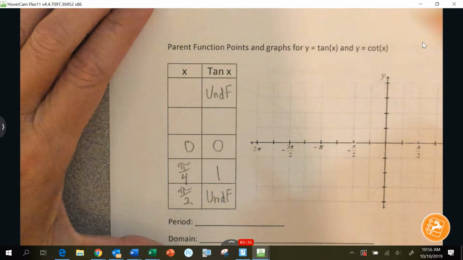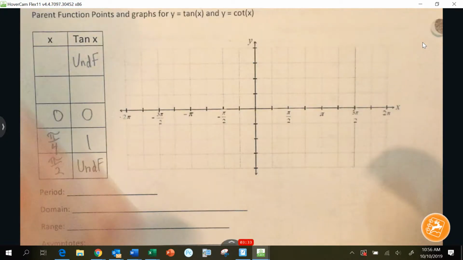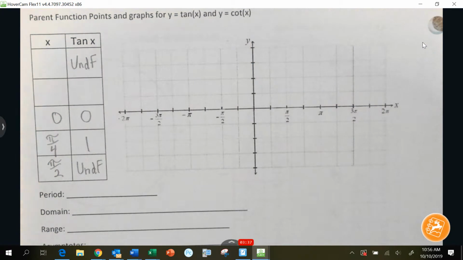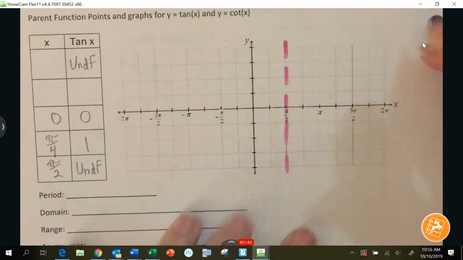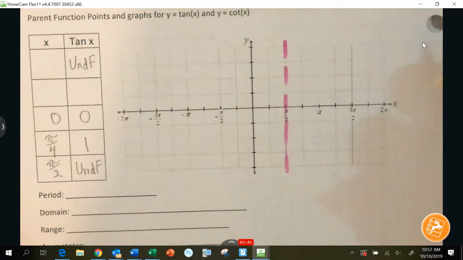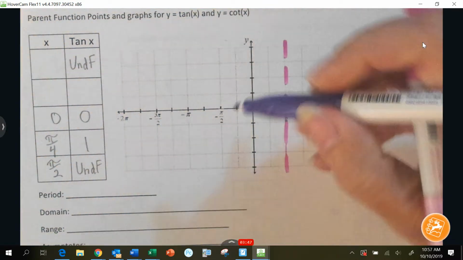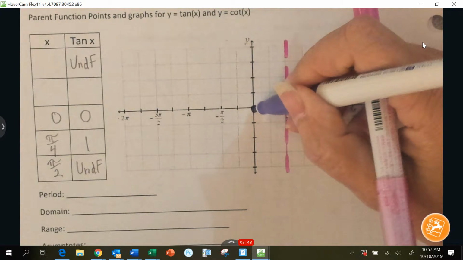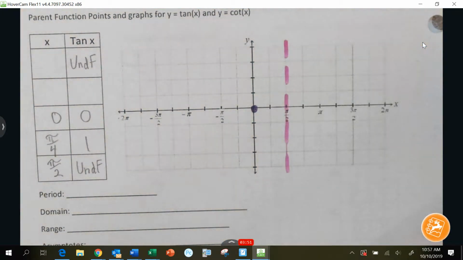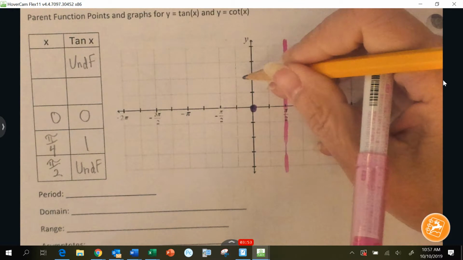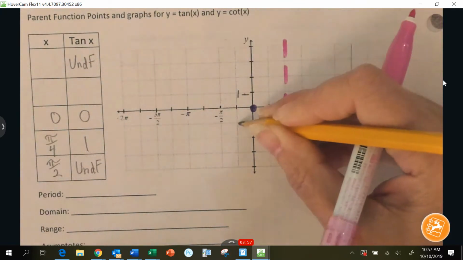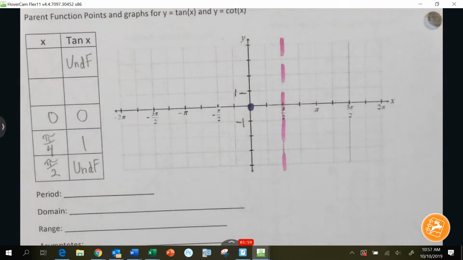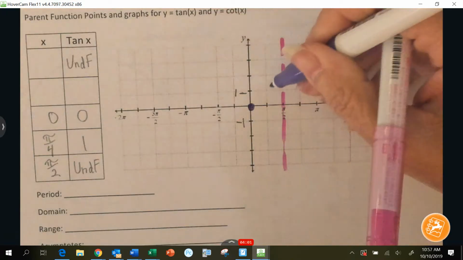If you're looking at the xy coordinate here, our undefined will be right here at pi over 2, and the 0, 0 here, pi over 4. Oh, I need a scale on here. Let's make this one right here. Our pi over 4 would be at 1.